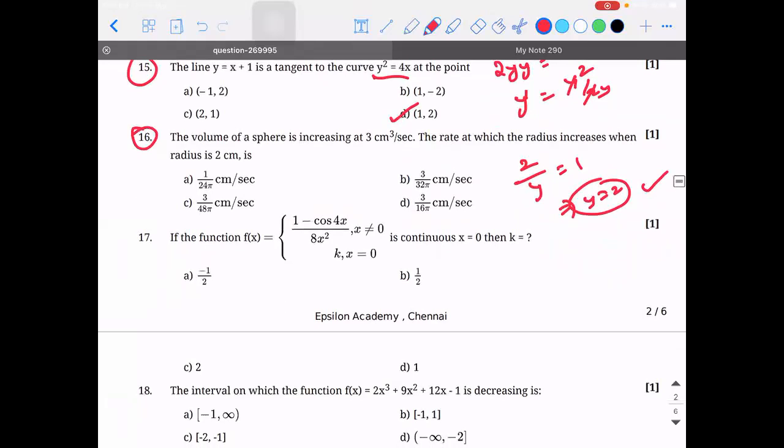Okay, 16th. The volume of a sphere is increasing at a rate of 3 centimeter cube per second. Find the rate at which the radius increases when the radius is 2 centimeters. So volume of sphere is 4 by 3 pi r cube. dV by dt is 3.